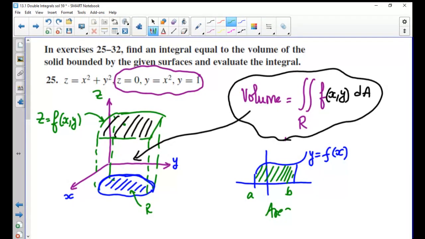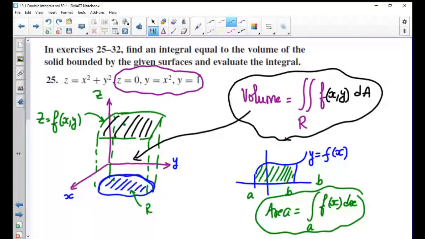Then the area is the integral from a to b of f of x dx. So in two dimensions, we're talking about the volume, and in one dimension, you have area. That's the general idea about these volumes.